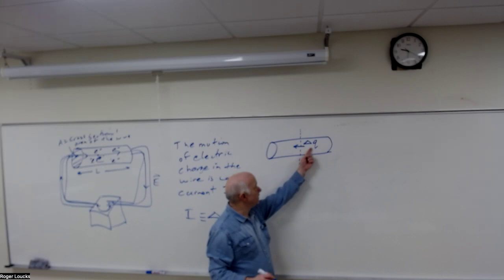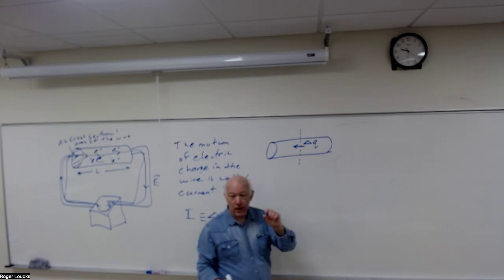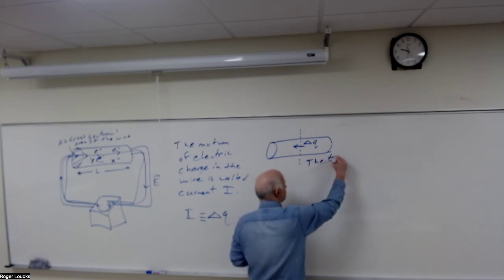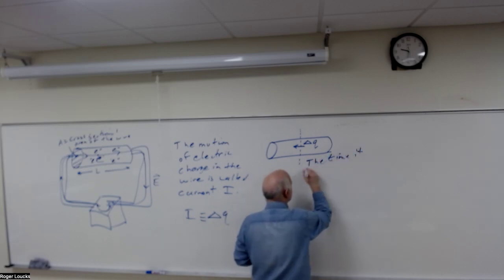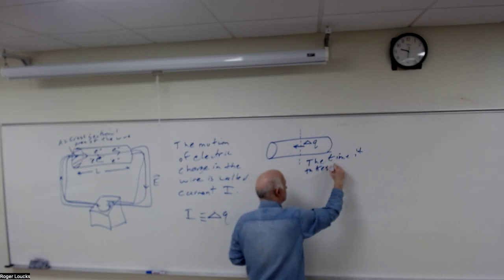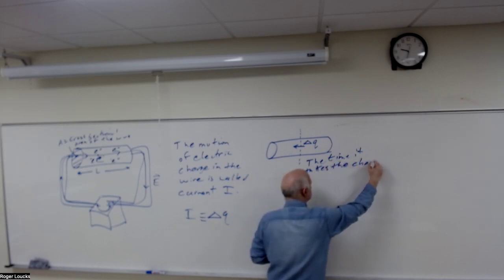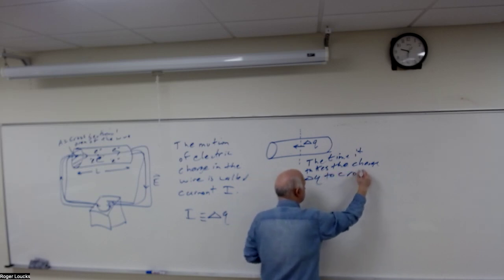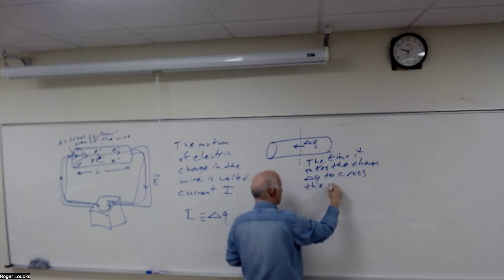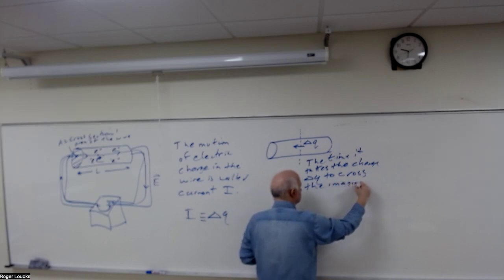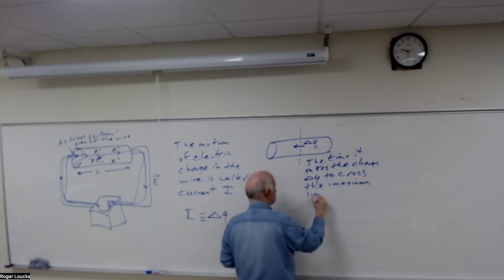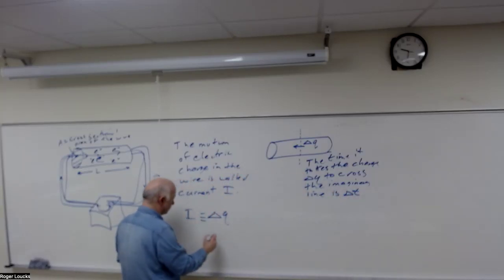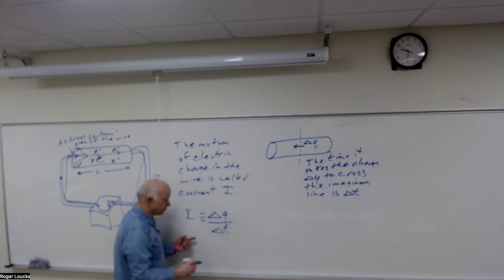And how much time does it take for this charge to move across here? I'm going to call that delta T. So the time it takes the charge delta Q to cross the imaginary line is delta T. So we're going to say delta Q over delta T. That's going to be my current.